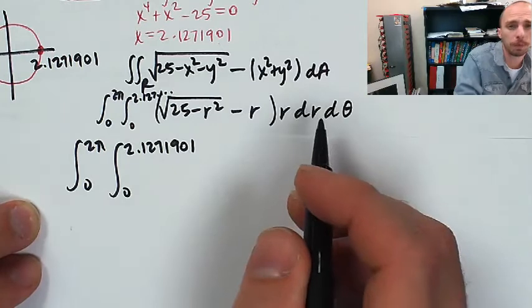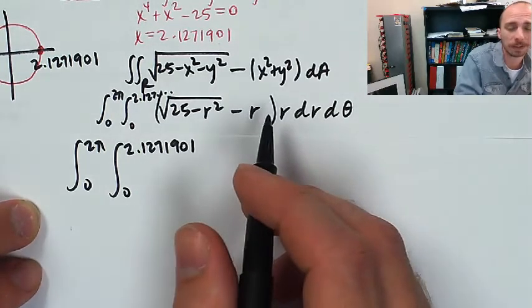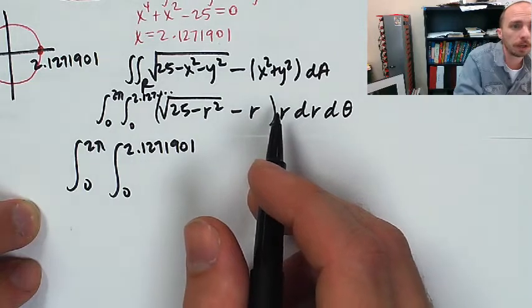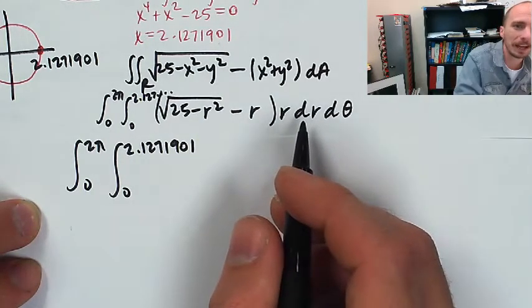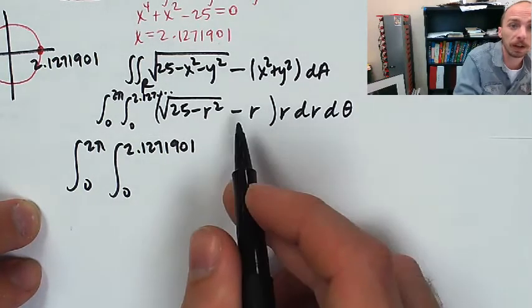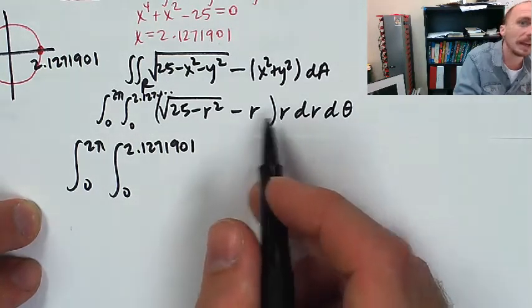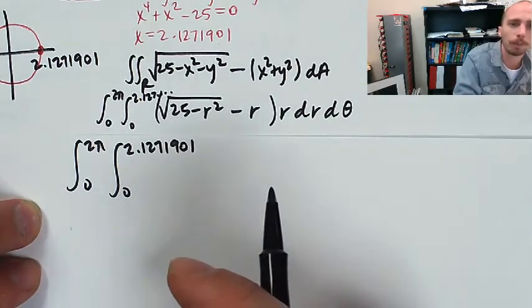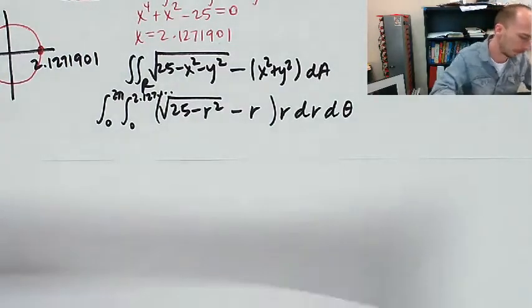Now, if you were desperate and didn't want to anti-differentiate that, or don't know how to anti-differentiate that, you could reverse the order. Actually, I think I might do that, because then it'll just be taking the antiderivative with respect to theta, and then I could run the outside integral using a calculator. So I think that's the way to proceed.